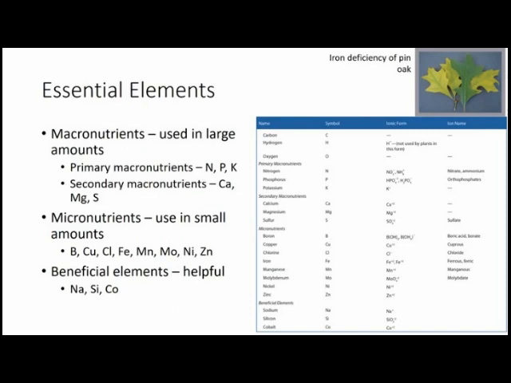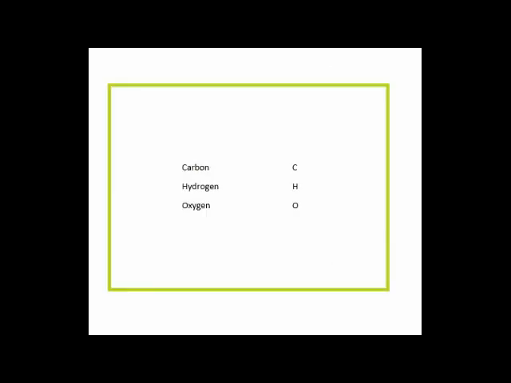So to convert this so you can understand it, they have divided them into macronutrients, micronutrients, and beneficial elements that are helpful. I'm going to show you the real list. But first of all, we have carbon, hydrogen and oxygen.